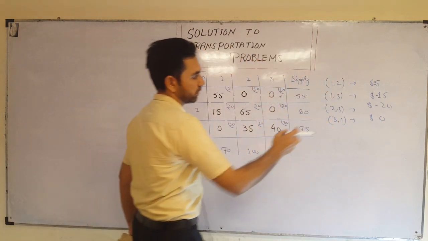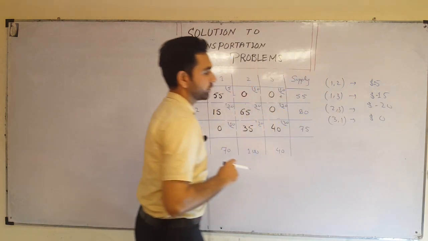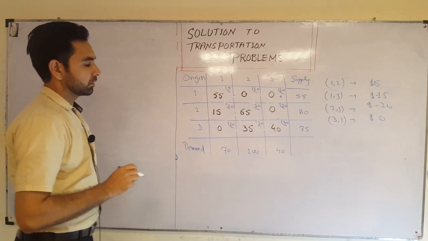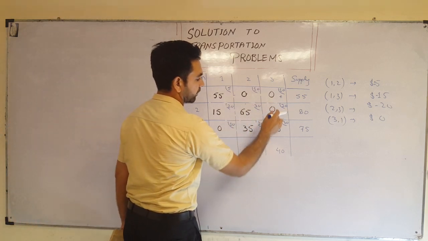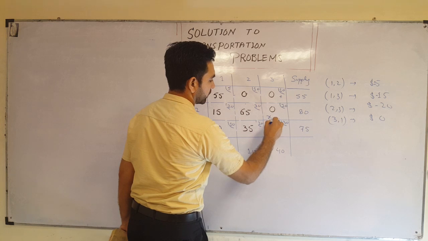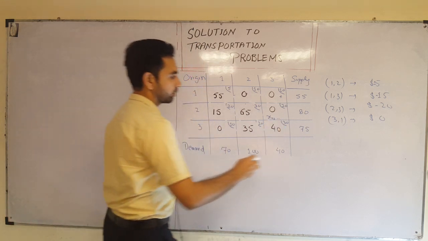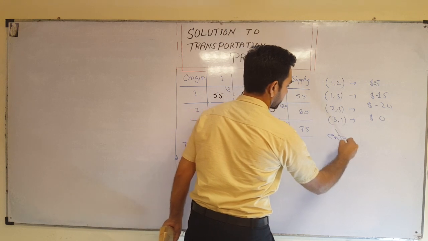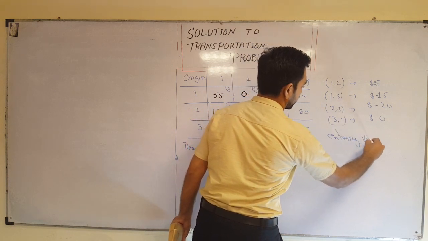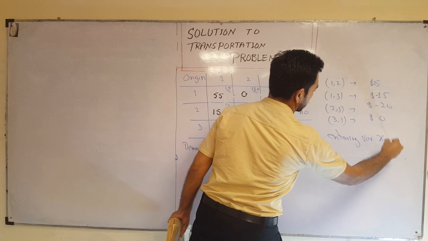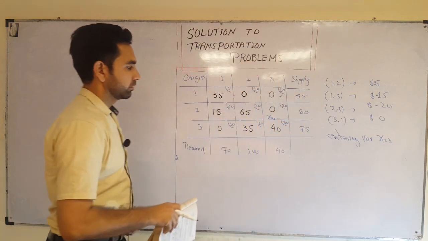So the margin in this one is larger. So this one is the entering variable, which here is 2, 3. So 2, 3 is your entering variable. Entering variable is x23, right?